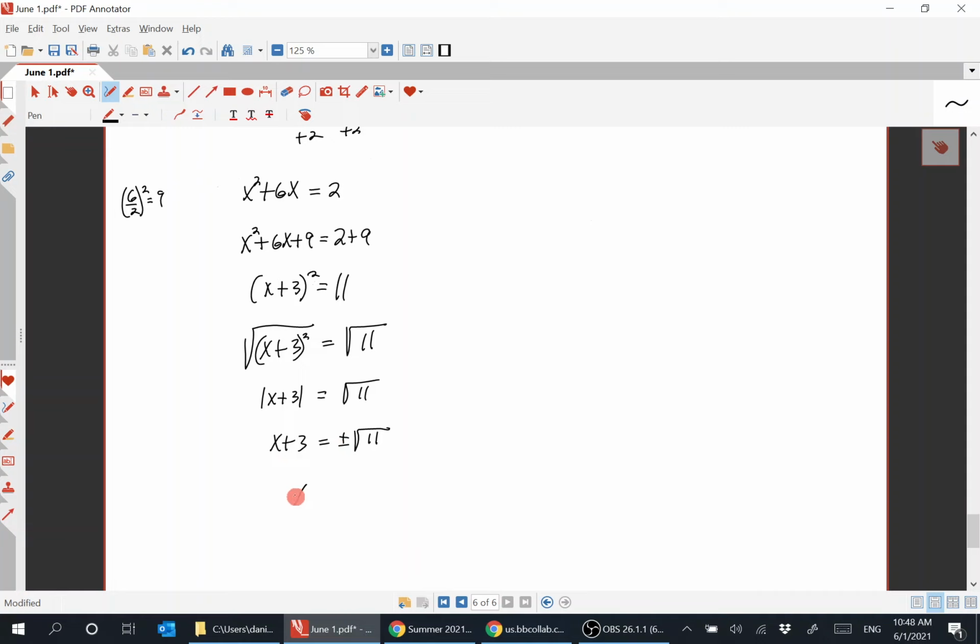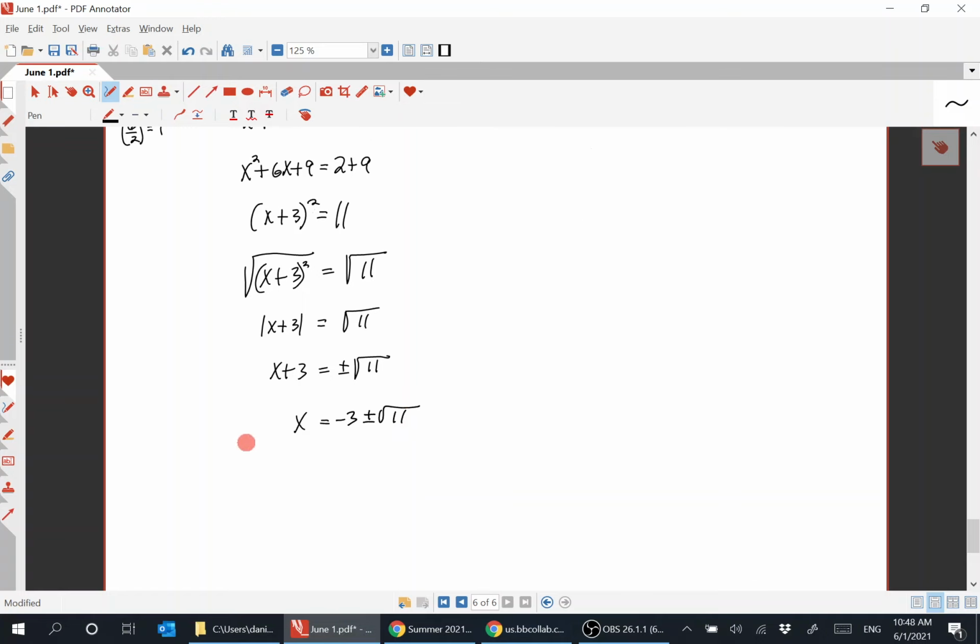Now you subtract 3 from both sides. So your solutions are x equal to minus 3 plus root 11, or x equal to minus 3 minus root 11. So you have two solutions again, and the solutions include a non-perfect square in the square root, so that's why the thing didn't factor.